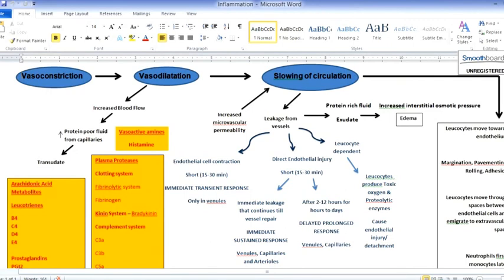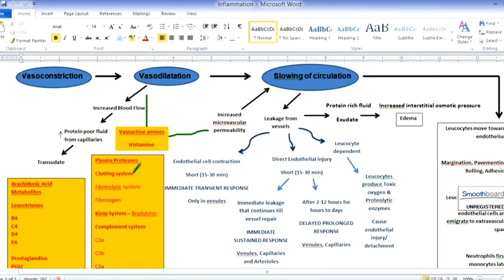So what histamine does is that it acts at two steps of the inflammatory response. First of all, it causes vasodilatation and increased microvascular permeability.